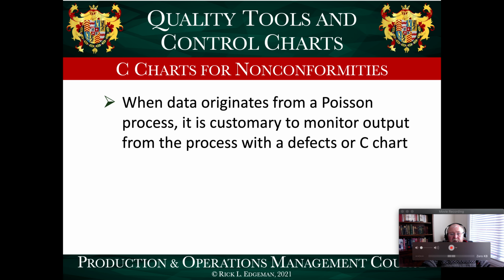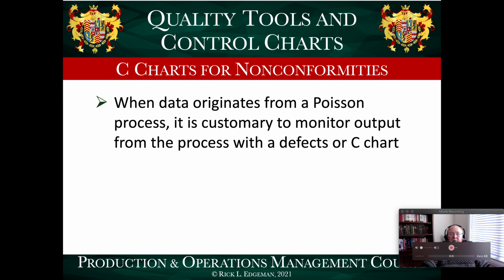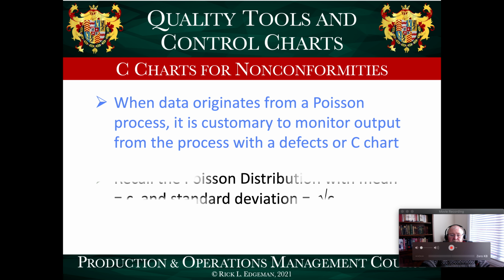So one of the things you need to know is that whenever something originates from the Poisson distribution, we can chart it using what's called a C-chart. We need to know at least 2 results from the Poisson distribution.